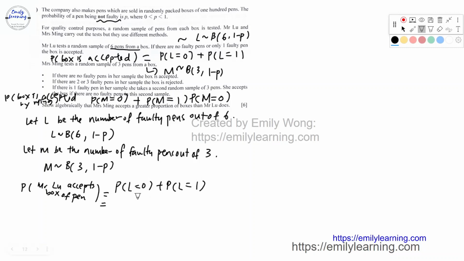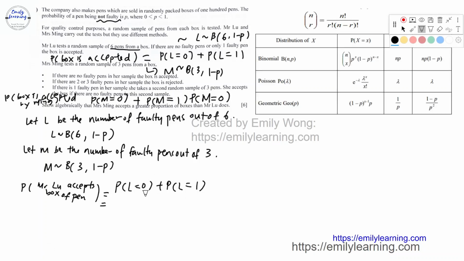So how do I find P of L equals 0? Well, we will need to make use of these formulas here. Why do I need this? Because I do not know what p is, so your GC will be unable to find it if we do not know what p is. That is why we need to use algebra, and in order to find the probability algebraically rather than numerically, we need to make use of the formulas.